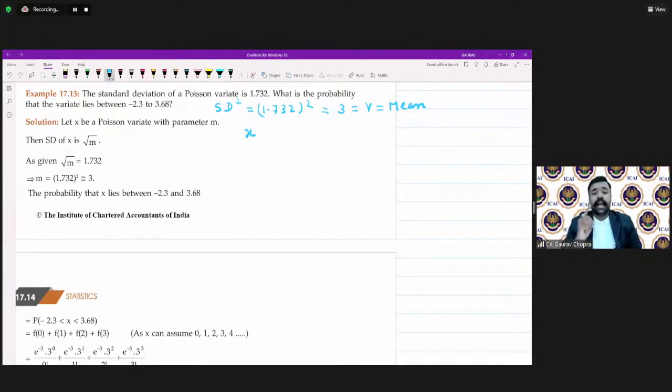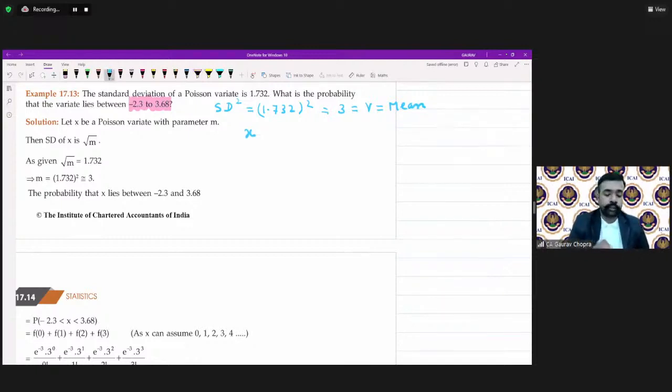See, we know that x can always be a whole number and always a positive value. X cannot be negative. So we have to find out positive whole numbers between -2.3 and 3.68.